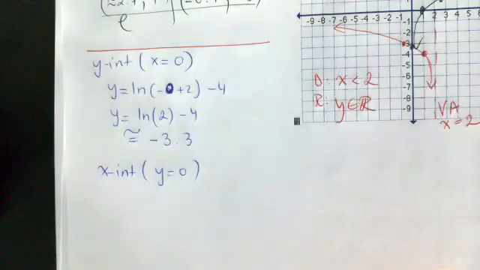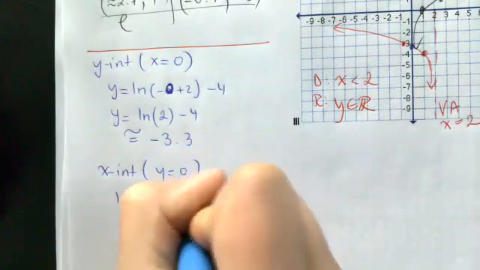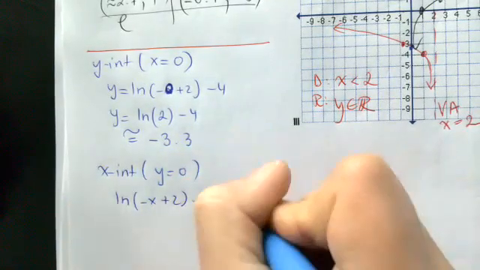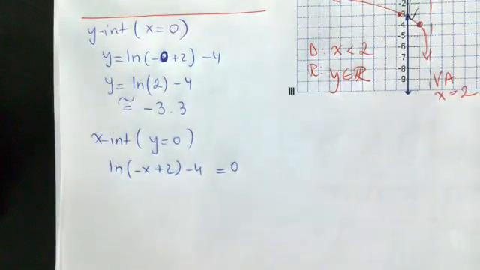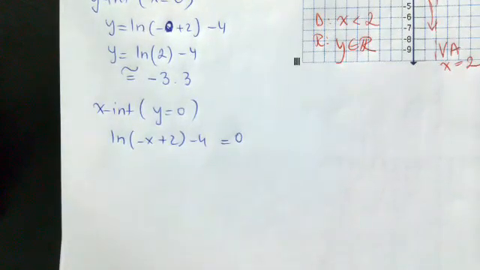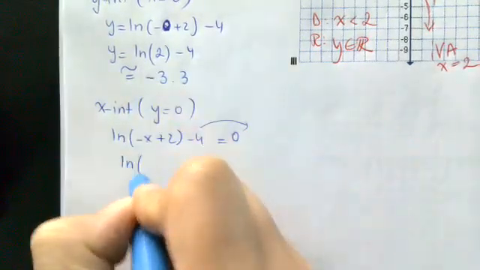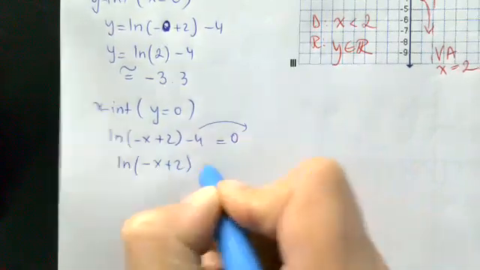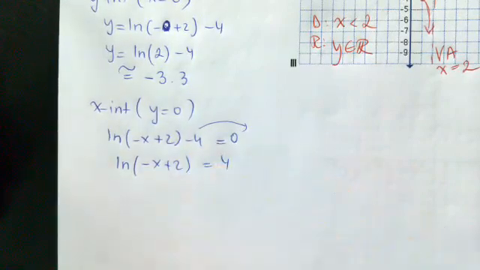So we let y equal 0 and solve for x. So ln of negative x plus 2 minus 4 equals 0. What kind of equation is this? A natural logarithmic equation, right? But they're solved just like all the other ones. So I would move the negative 4 to the other side. We have ln of negative x plus 2 equals 4. Now I have a single log equals a number.